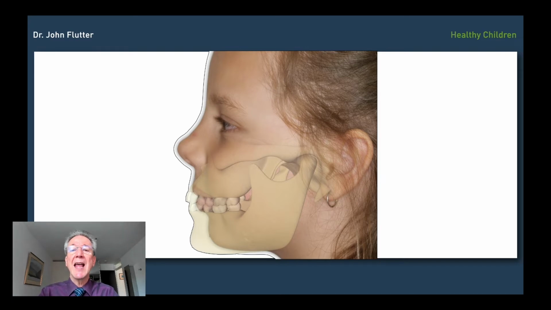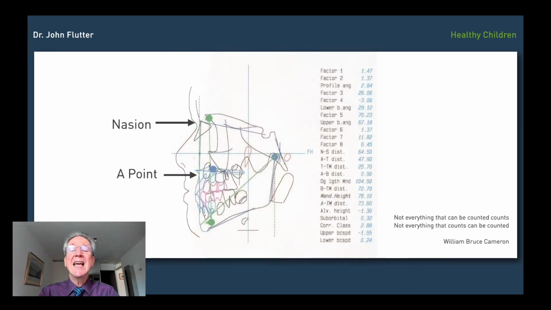and sees a restriction in the maxillary and mandibular arch and in their position in relation to the cranium, whereby the maxilla should be further forwards. And yet most of the cephalometrics to show the positions of bones within the cranium are based around Nasion and A point, and although you can get lots of numbers from that, it doesn't really tell you how the bones are related to the rest of the cranium.